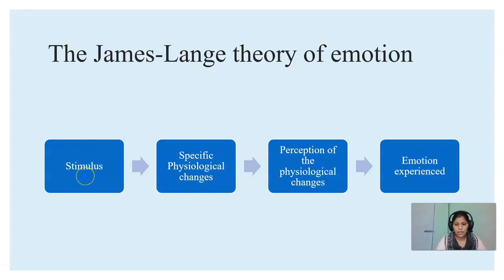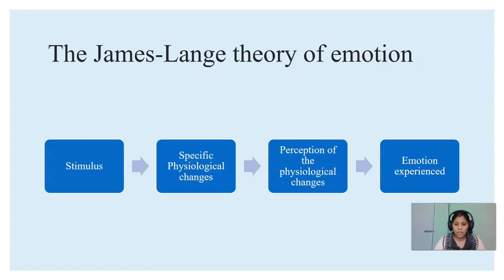Let me explain it with an example. Suppose I witness one accident. The particular event creates some physiological changes within my body. It may increase my heartbeat. I can feel that my heartbeat is increasing. There is sweating.